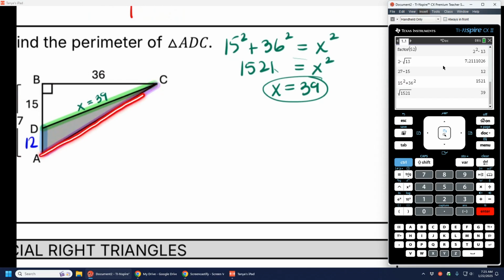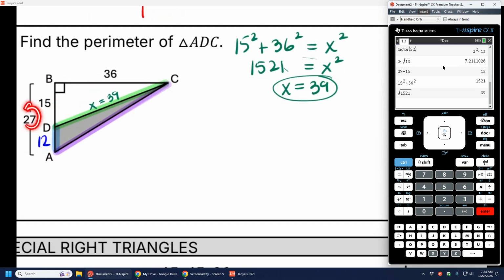So that purple one, now you would look at the outer one, is the hypotenuse of that. So we have 27 as our A, 36 as our B, and we're going to try to find that purple side. Again, since we don't know what it is, I'm just going to give it a letter, so I'm going to give it Y. So let's do 27 squared plus 36 squared equals Y squared.